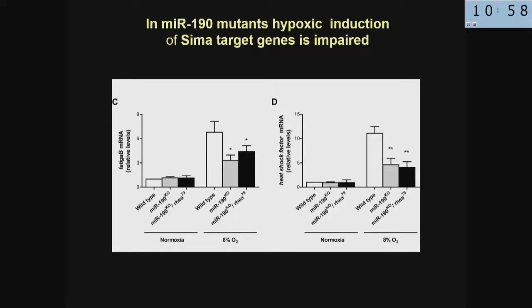So we did the converse experiment, that was to test in these HIF endogenous genes how the hypoxia-dependent induction, which you can see here in the white column, behaves in the mutant. It is clearly reduced.